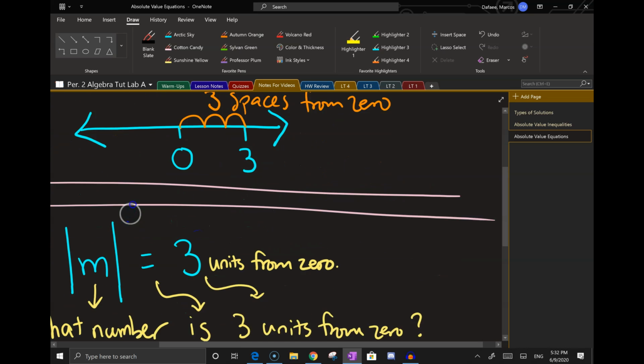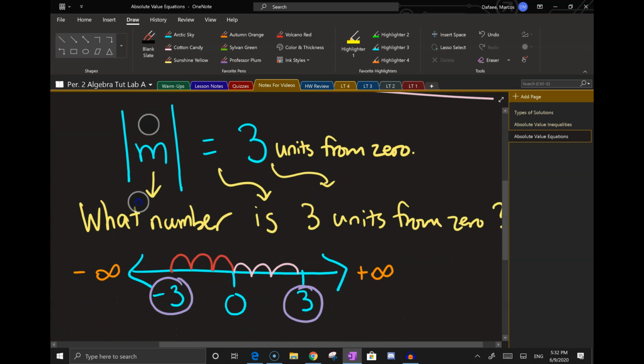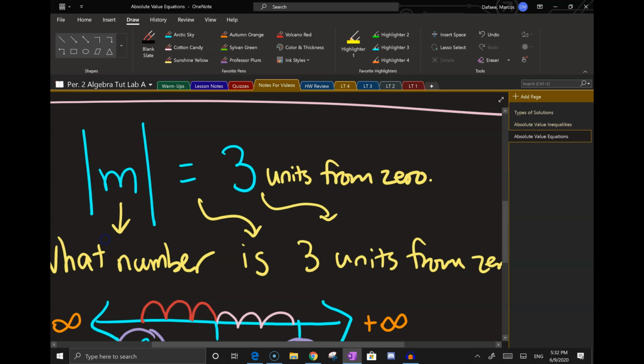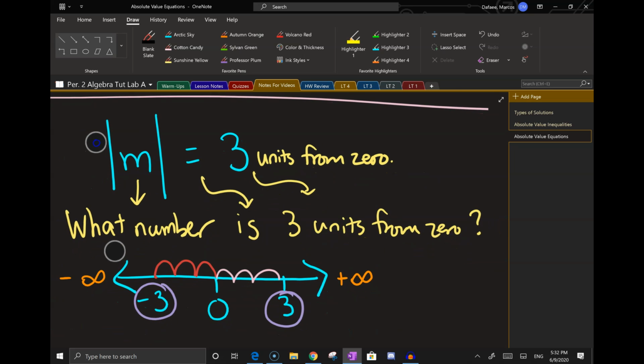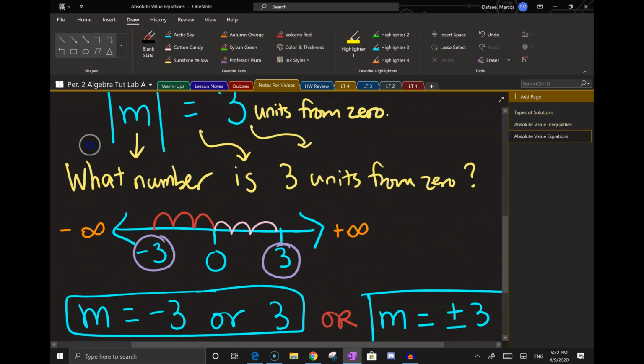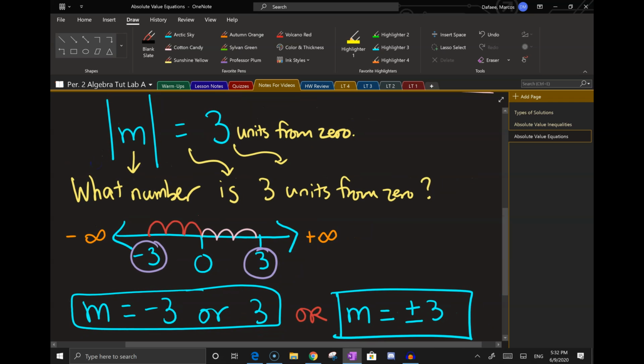And then we applied the same understanding to a scenario where we did not know the number inside the absolute value, but we did know how far that number is in units from 0. So we worked backwards to figure out the value of that number. And we came up with two possible answers, and we have to represent both if we want to give a complete answer.